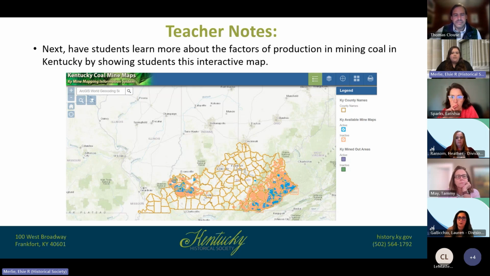So this map provides different information that can be toggled on and off, including the Kentucky county boundaries, as you can see in this still of the map, different mined out areas, and then areas that still have active coal sites in them. I believe Heather and Lauren are going to drop this link in the chat for you so you can explore it later or you can explore it now. But I'm going to go ahead and open it up so we can explore it together.